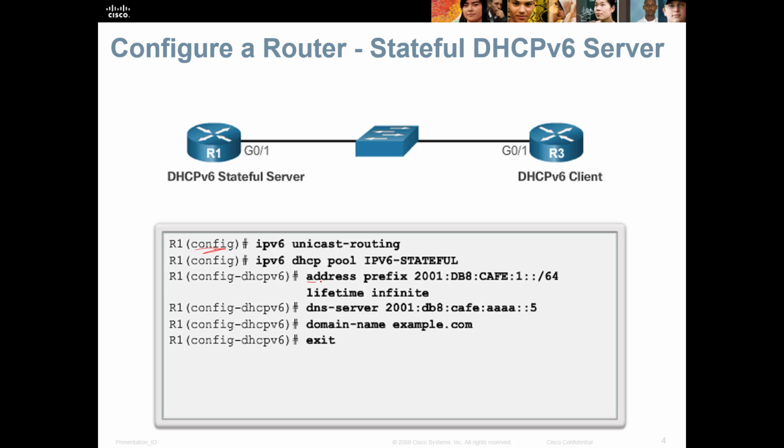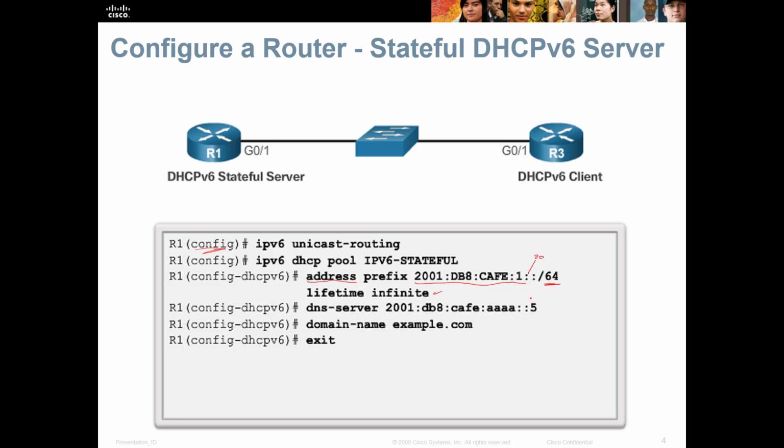Here's kind of the new piece. Here's the address. This is the prefix, right? This is the whole address. Here's all these zero things, and that's the prefix length. And here it specifies lifetime, and there are more possibilities there than just infinite.